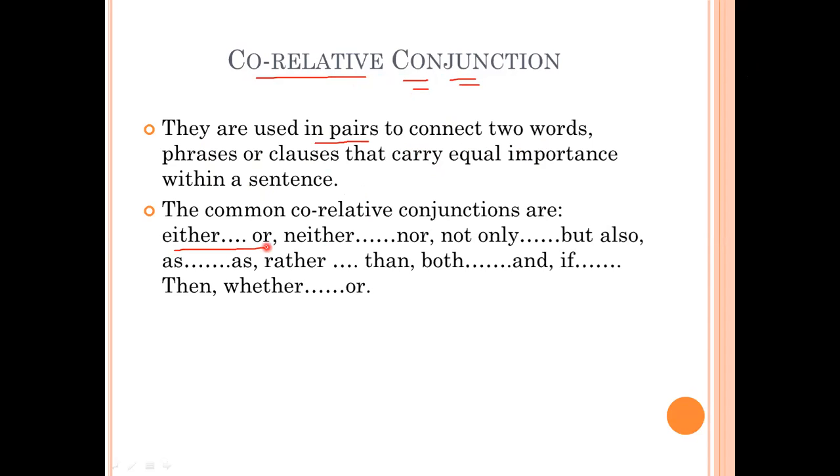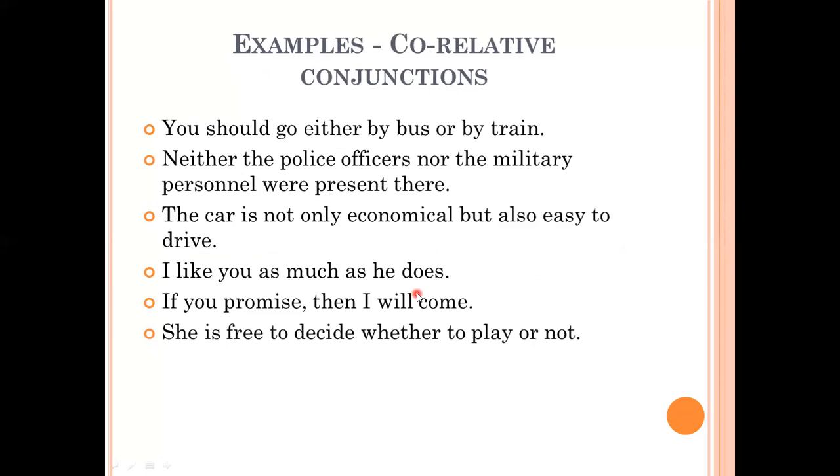So some examples are here. This is, you can pronounce it either or. It can be neither nor, not only but also, as, rather than, both and, if then, whether or. Okay. And some more examples that you people will be able to find it out on the next slide.